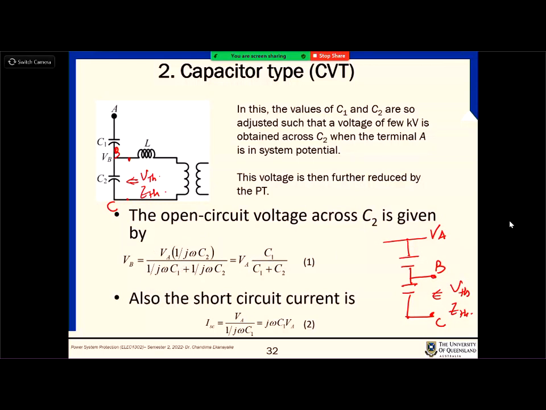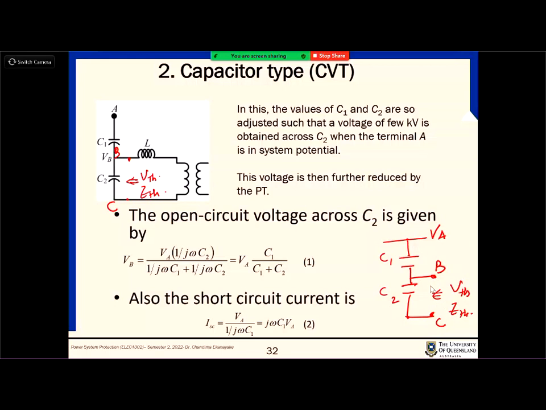So this is C1 and this is C2. C1 multiplied by VA divided by C1 plus C2 will give you the voltage VB. That is for a capacitor divider, it's not the other way around as with resistive dividers. So once you have that voltage VB, then we know what VTH is.